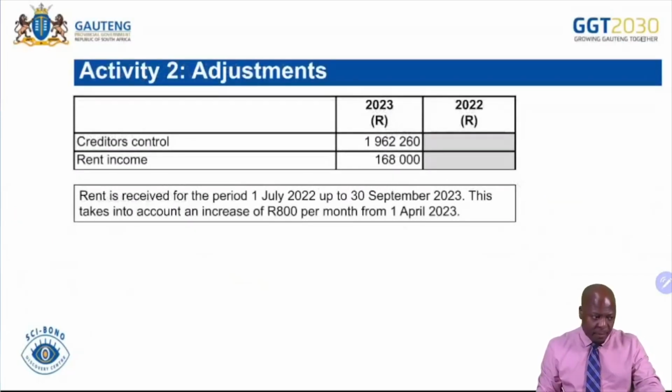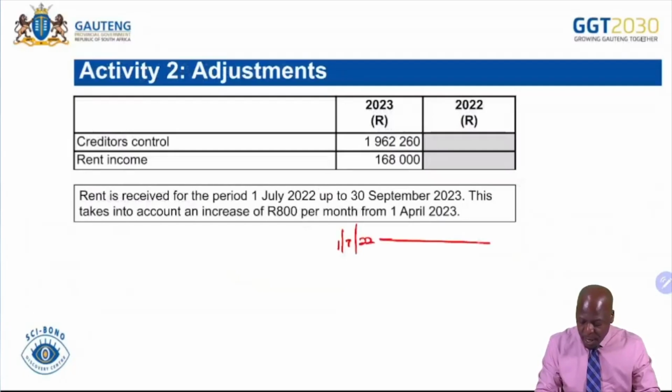And the next one says, rent is received for the period 1st July to 30 September. All right, so remember 1st July is the beginning of the financial year 2022. And the financial year is supposed to end until 30 June 2023.